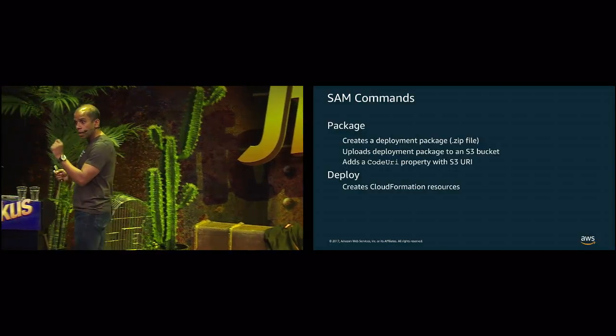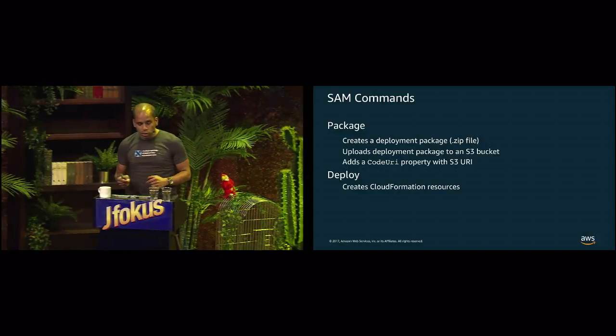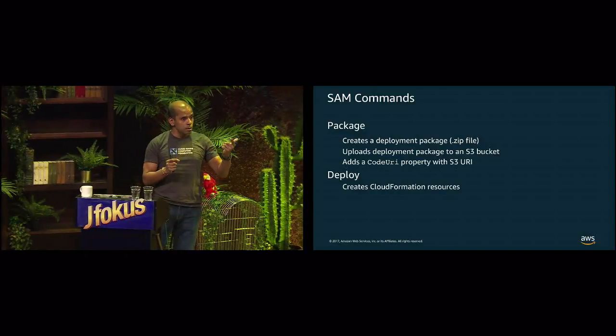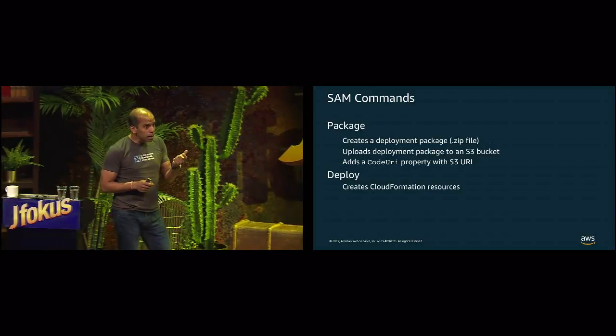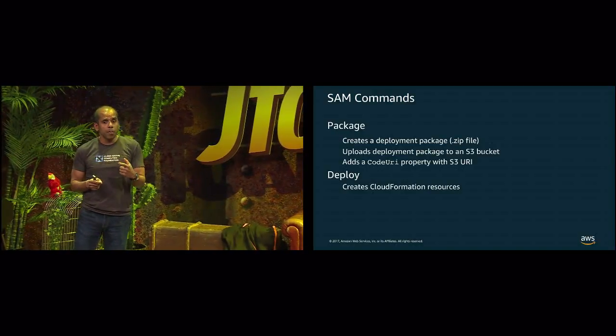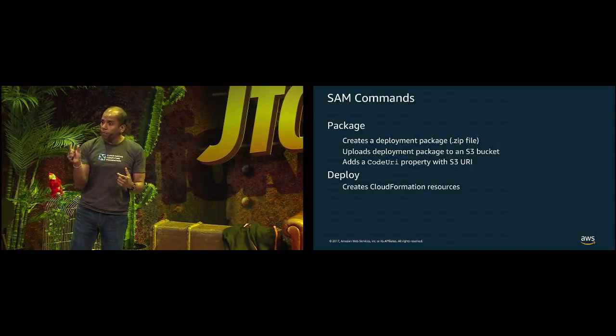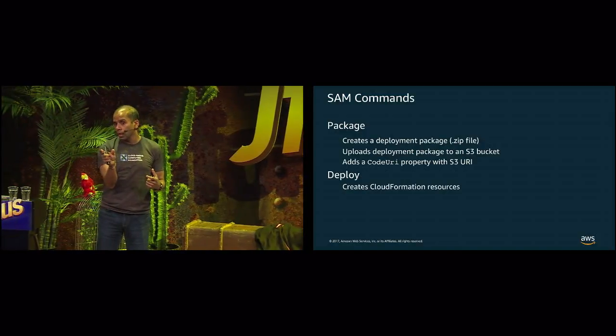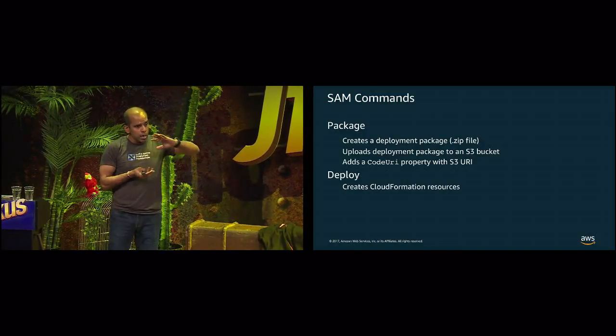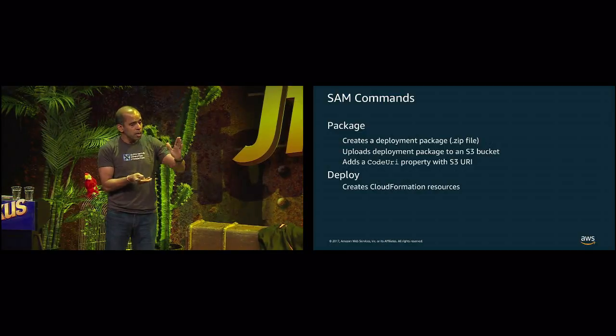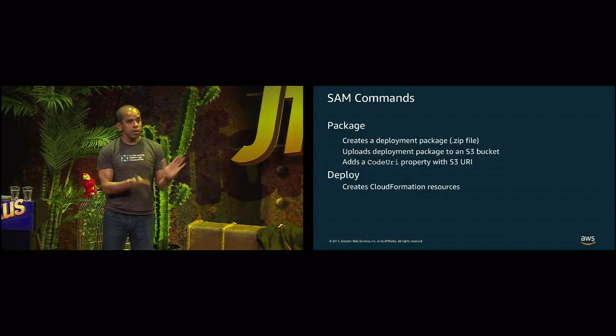Because when you give the SAM package command, you give the S3 bucket location, and it uploads the zip file to the S3 bucket. And then the output of the package command is really another YAML file with the S3 URI kind of replaced over there. So you get a package file or a package template, a YAML file, which is then ready for deployment.